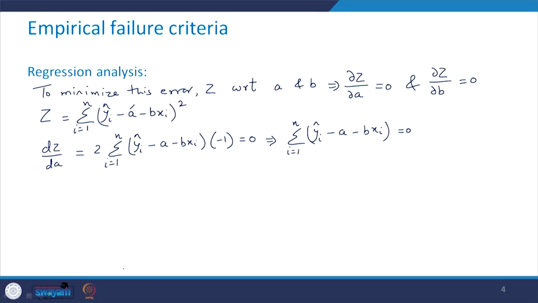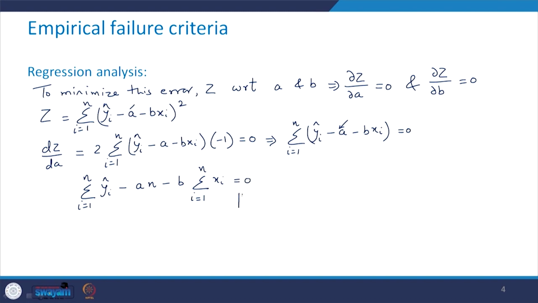So you just split this up further. What you are going to get is summation i equal to 1 to n yi cap minus, see this a is not going to vary with respect to i, so I can take that outside this summation sign. So this is going to be a, but then it will be summed up over n times, so its summation is going to be n. Then similarly you will have b summation i equal to 1 to n xi, which is equal to 0.